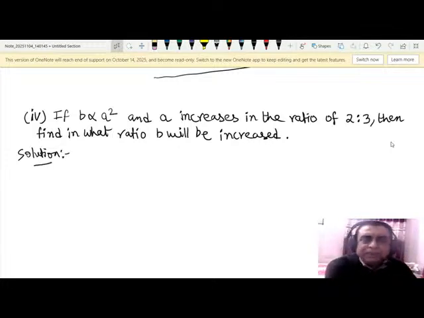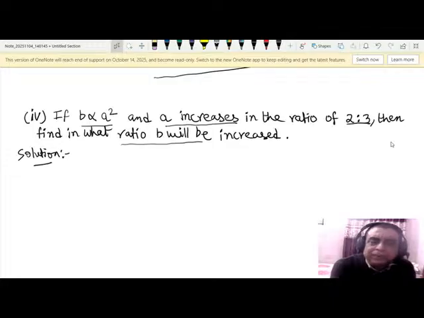If b is proportional to a squared and a increases in the ratio 2 is to 3, that is, the original a divided by the new a is 2 upon 3, find in what ratio b will be increased. That is, the original b divided by the new b.